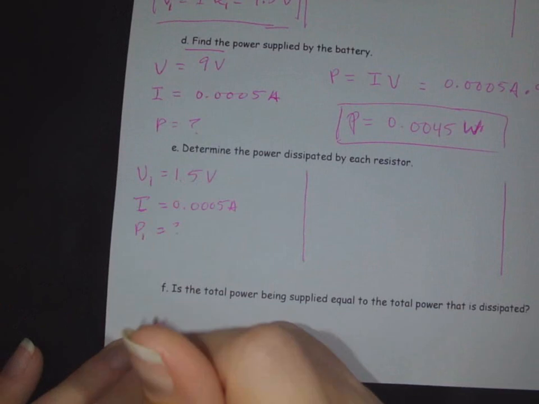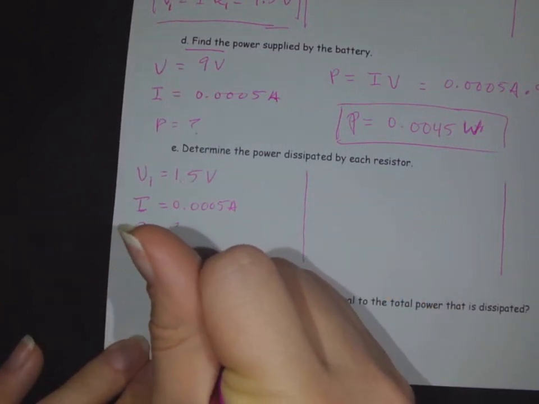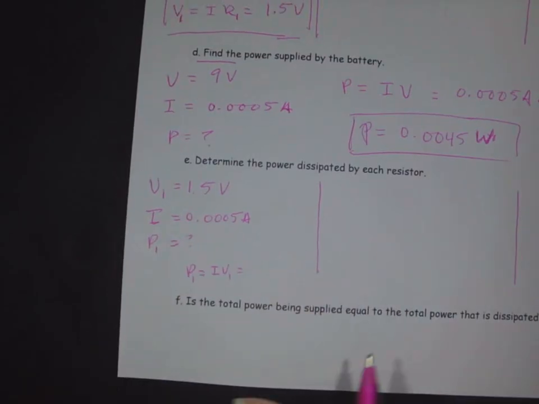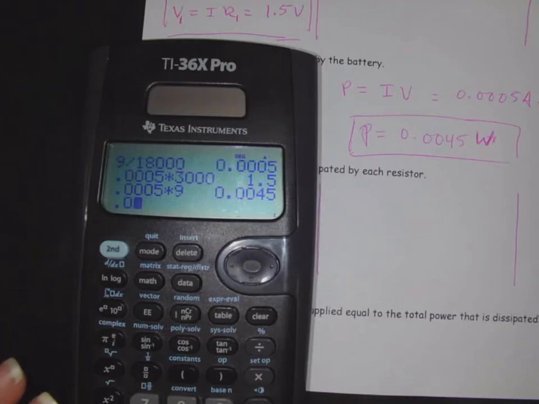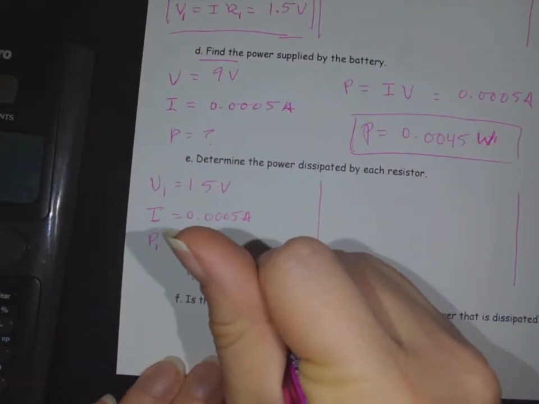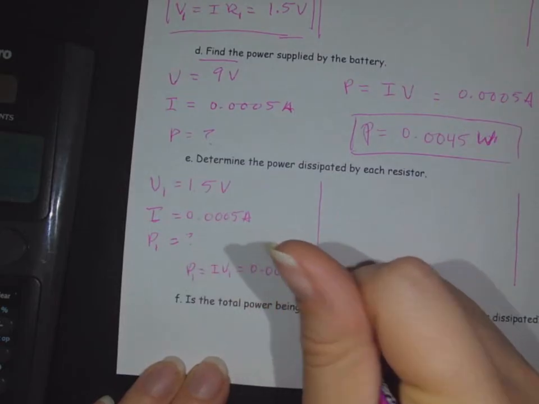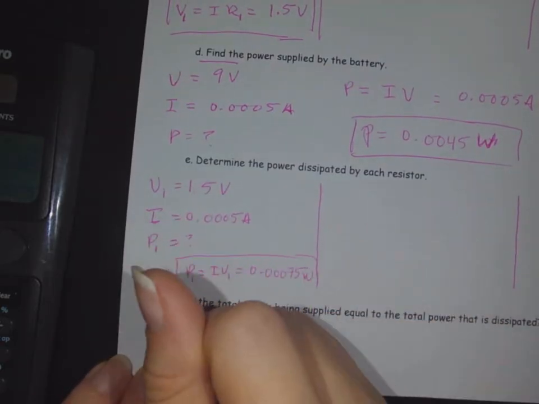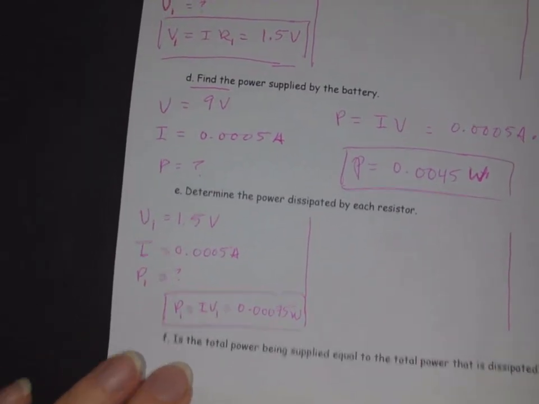That's what we're solving for. And so P1 equals IV1. So 0.0005, there's our current, times that voltage drop. 0.00075 watts. Again, you could write it in scientific notation if you want. All right, and then I think you can handle part F right there.